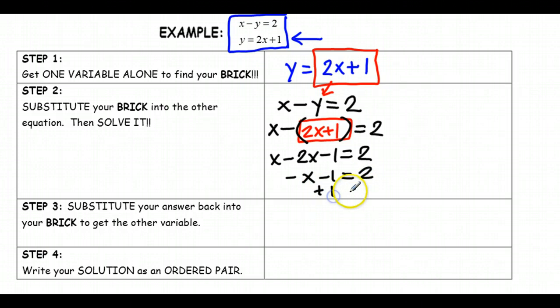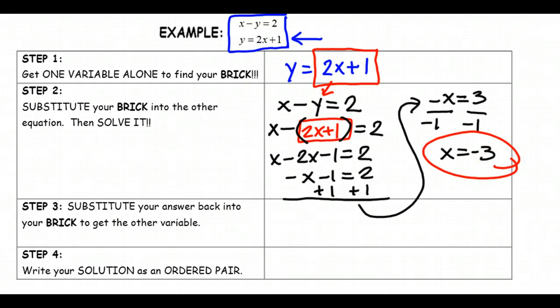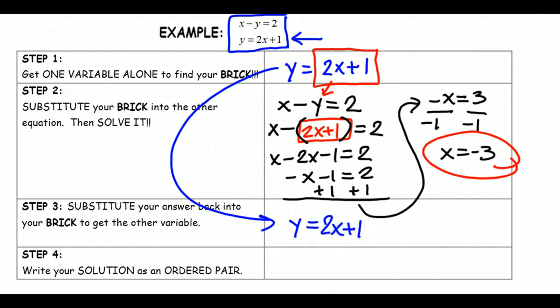Add 1 to both sides. And when we do that, we get negative x equals 3. Divide both sides by a negative 1 because we want x to be positive, so x equals negative 3. Now that we know what x is, we can go back to our equation where the brick was, which was y equals 2x plus 1, and I can take my x value, which is negative 3, and plug it in for x.